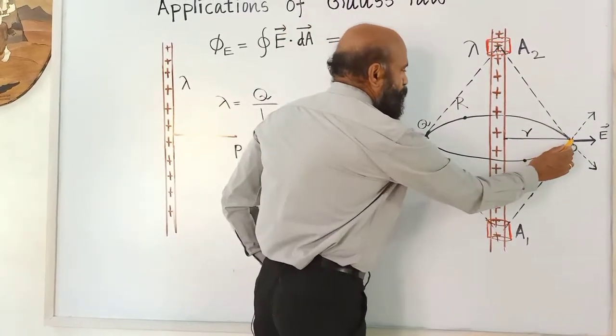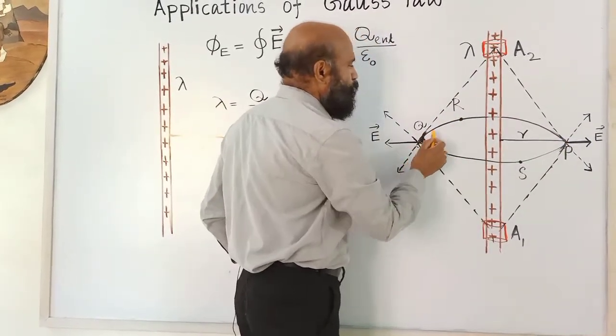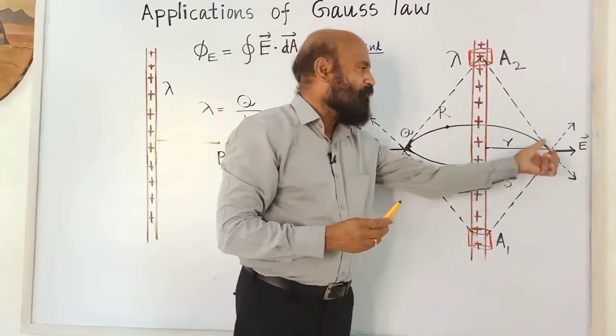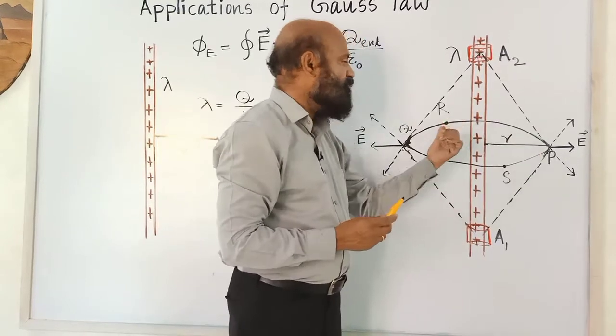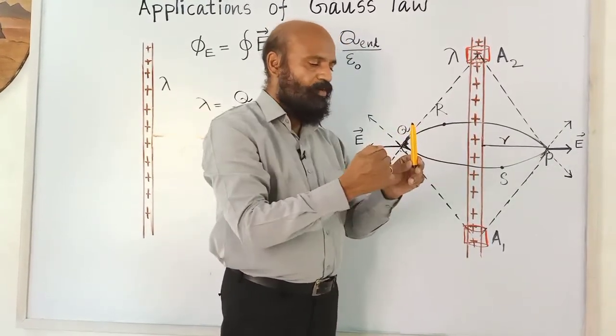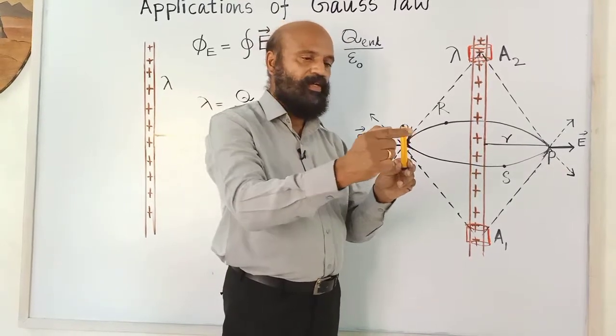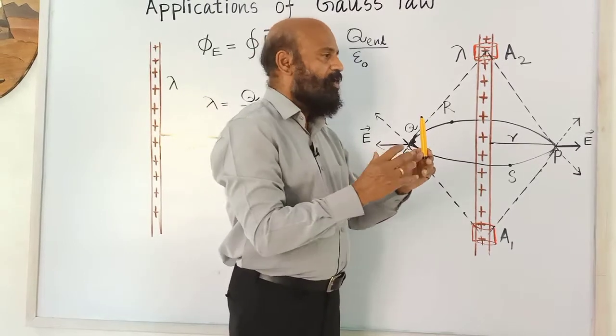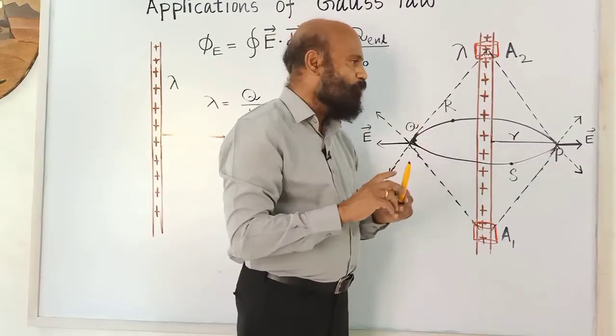So field at P, Q, R, S all are equal in magnitude, and it is acting radially outward. Field here will be acting that side, field here will be acting this side, field here will be acting that side, and the field here will be acting this side. So it is acting radially outward.